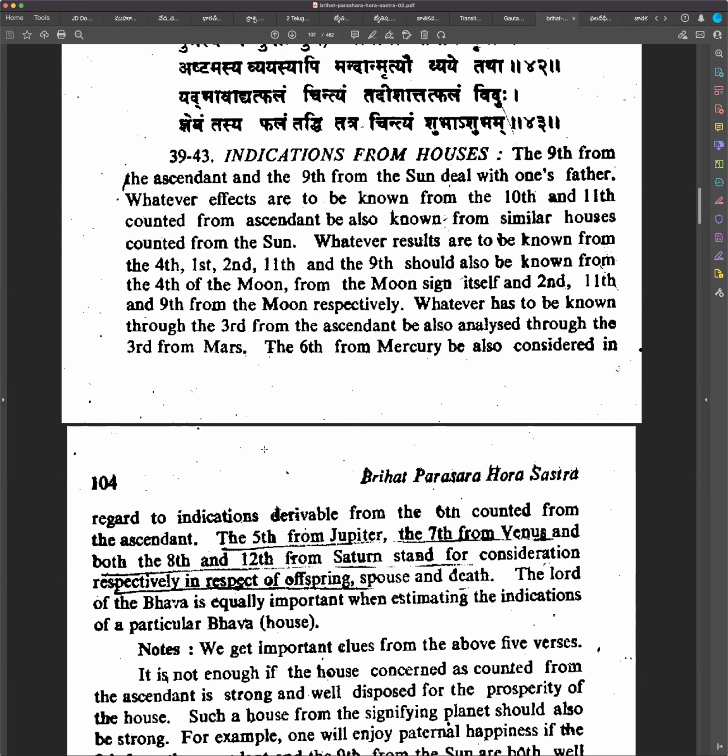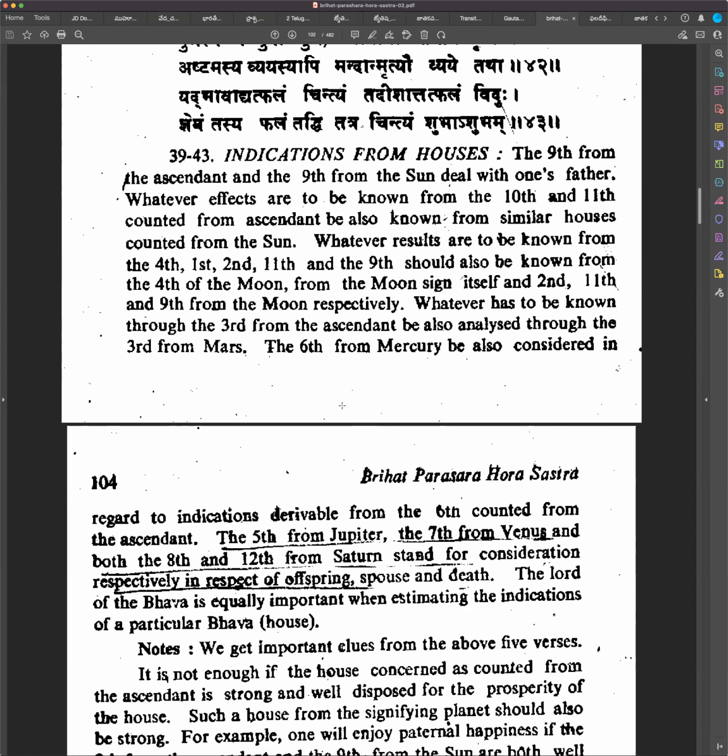You take any karakatvas of any of the 12 houses; the 12 houses each have different karakatvas, bhavas. The 4th house, house-wise, is the mother, and the planet karakatva for the mother is the Moon. So you need to see from the Moon. The 4th from the Moon also shows the mother's situation.